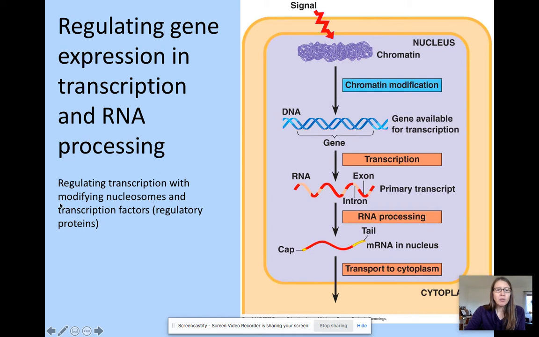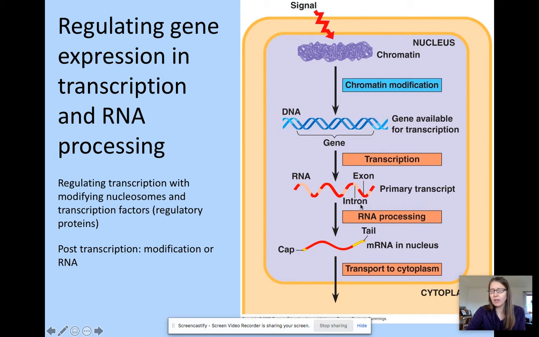So first of all, we can regulate transcription by making sure that chromatin is superpacked or not, so we can modify the nucleosomes, and also with transcription factors that can help determine whether a gene is going to be transcribed or not, allowing that RNA polymerase to attach. Then once transcription has happened, we can do it at this RNA processing level, which is modification of mRNA.